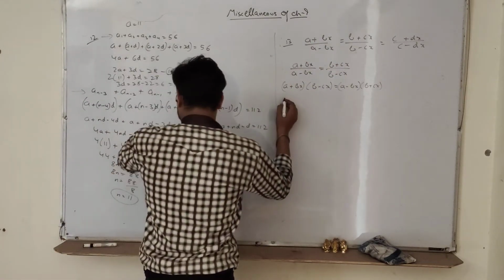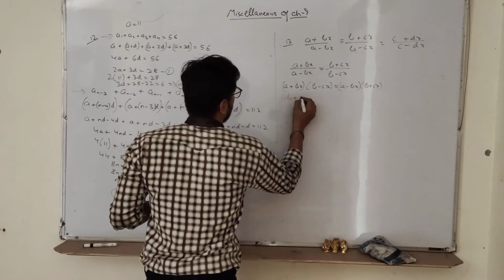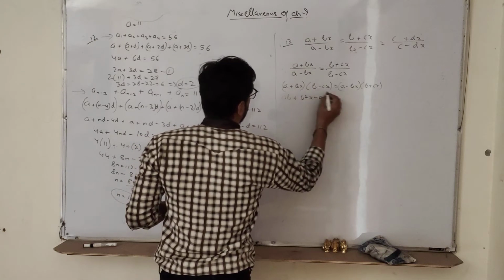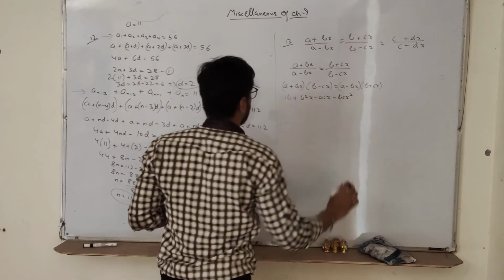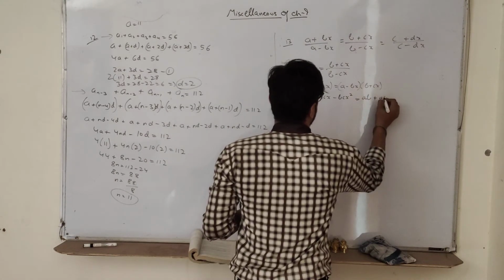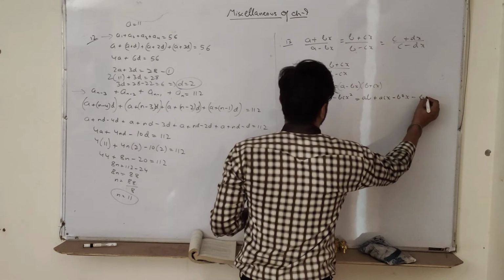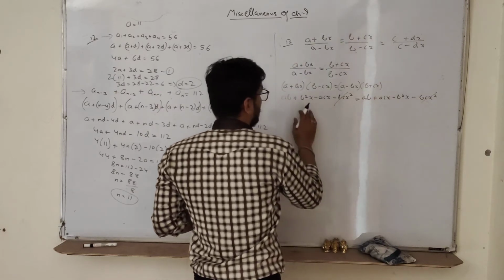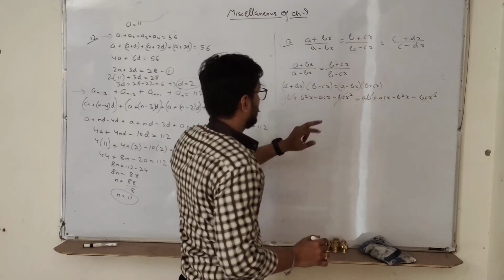So ab plus b square x minus acx minus bc x square is equal to ab plus acx minus b square x minus bc x square, right. So bc x square to bc x square cancel, ab to ab cancel, the rest we cannot cancel.